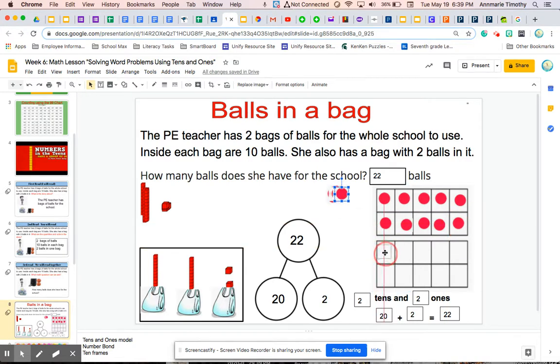And she has 10 balls in the second bag. 1, 2, 3, 4, 5, 6, 7, 8, 9, 10.